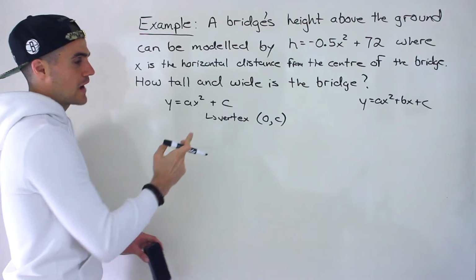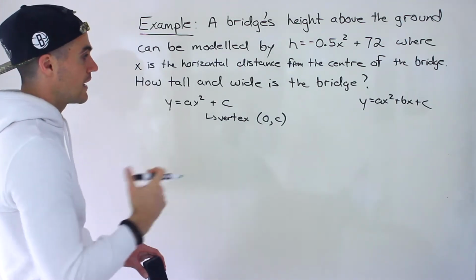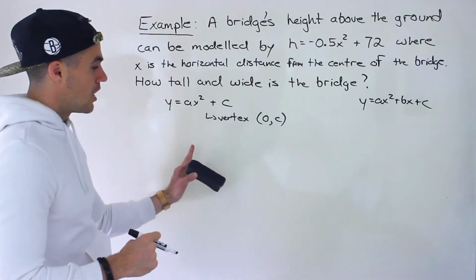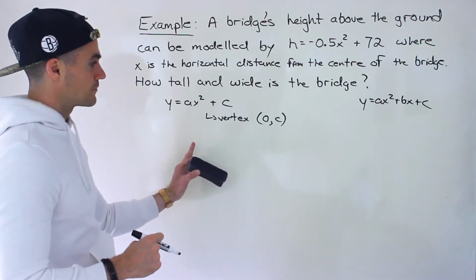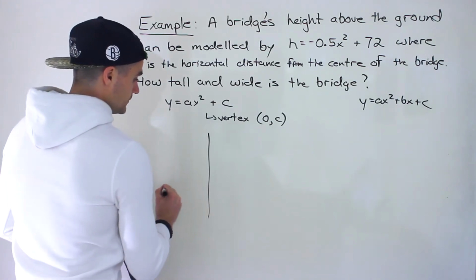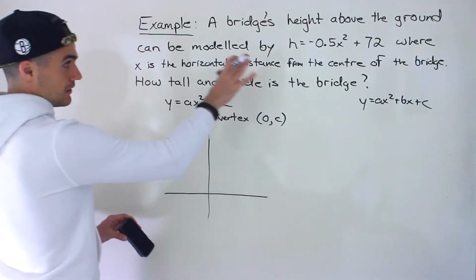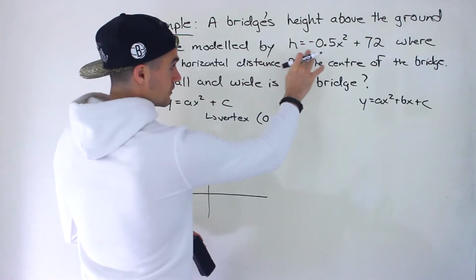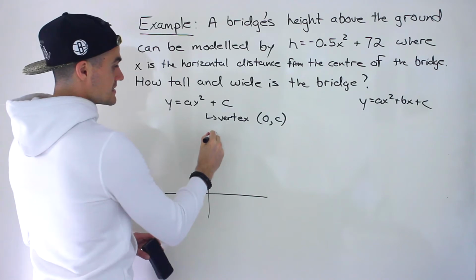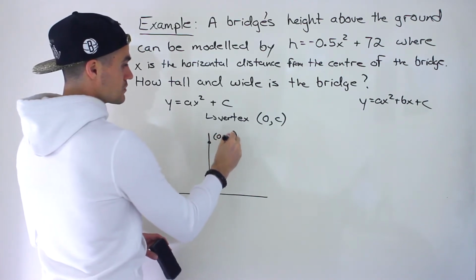This c value represents the y value of the vertex, so the vertex is always on the y-axis. In this particular case, the c value is 72, so the vertex is going to be at (0, 72).